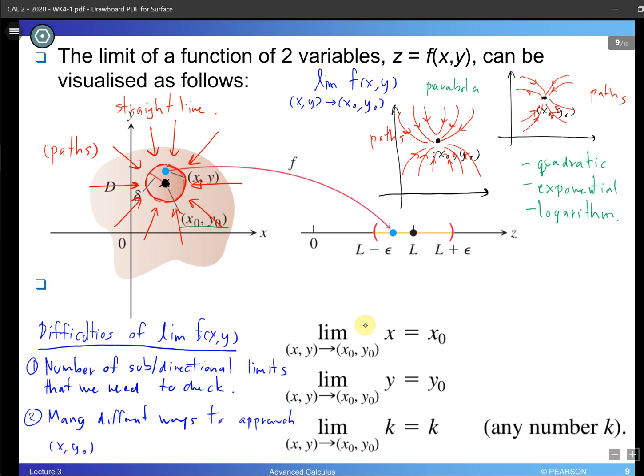Make a big note right here: need to check them all in order to guarantee the existence of the limit.